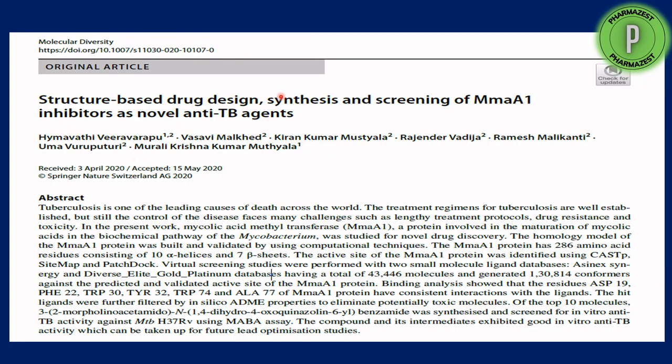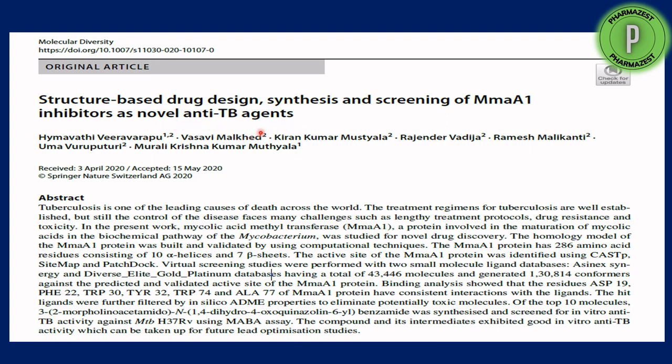So as a case study, this is my article. This is my own research article which I have published in Molecular Diversity Journal. It is titled Structure Based Drug Design, Synthesis and Screening of MMA1, that is mycolic acid methyltransferase inhibitors as novel anti-TB agents.